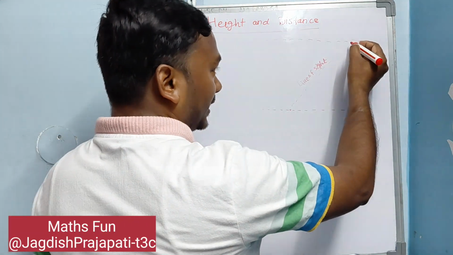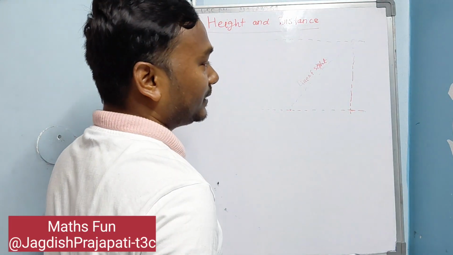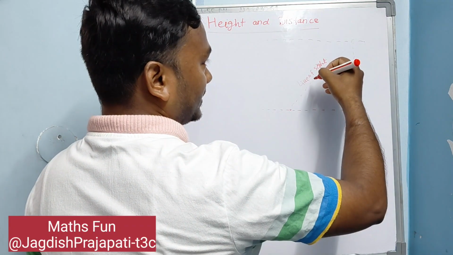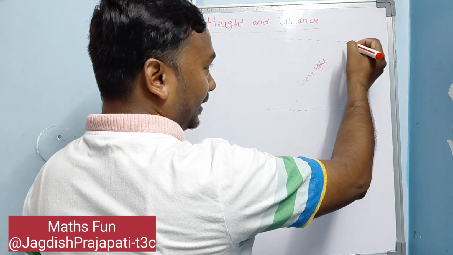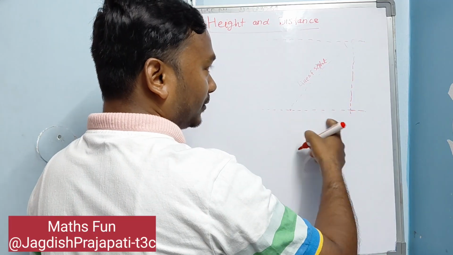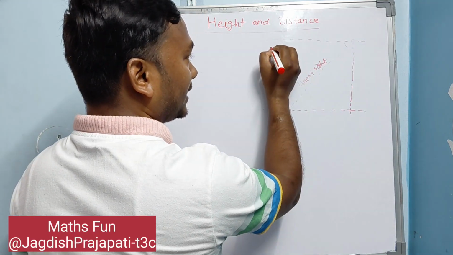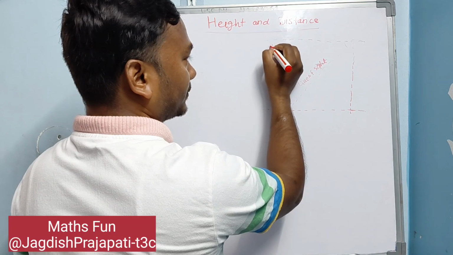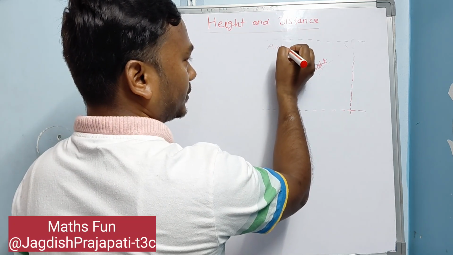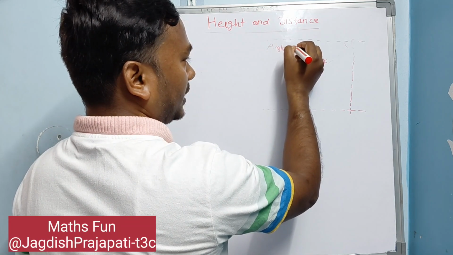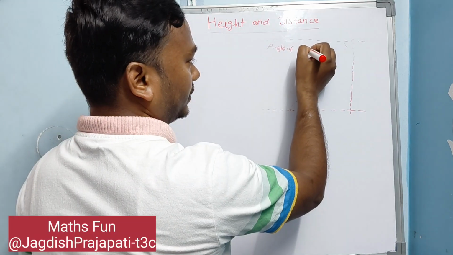The angle formed between the line of sight and the parallel to the ground is called the angle of depression.